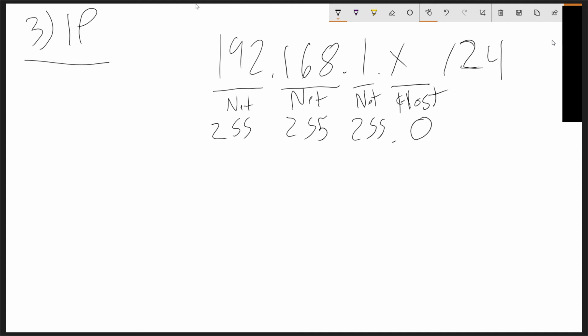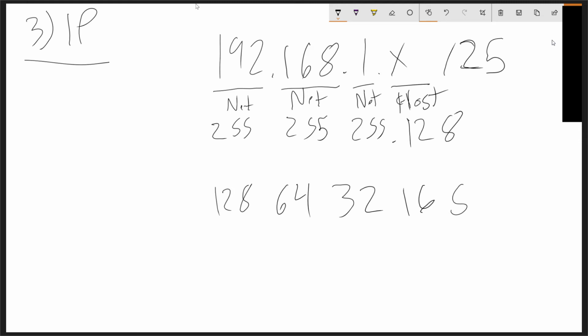Now, if I had 1 bit set to network and 7 bits set to host, like a /25, then this would actually become, off the top of my head, 128, if I remember correctly. And the reason why is you have 128, 64, 32, 16, 8, 4, 2, and then 1.